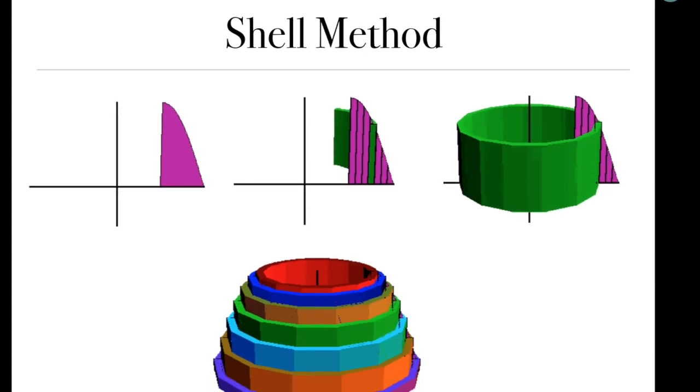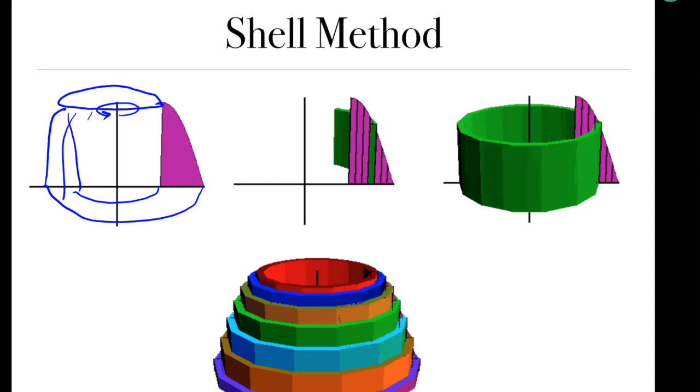To kind of visualize our shell method, if I have this shape right there, and I want to rotate it around the y-axis, you can kind of see maybe what shape might result from this. I kind of think of it like a bundt cake, right?